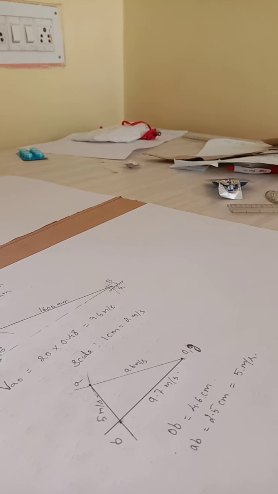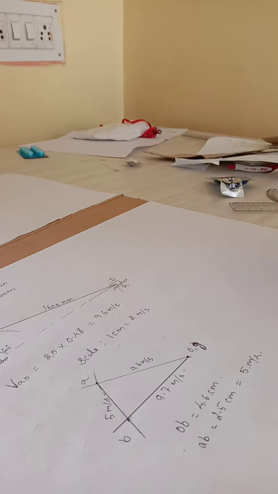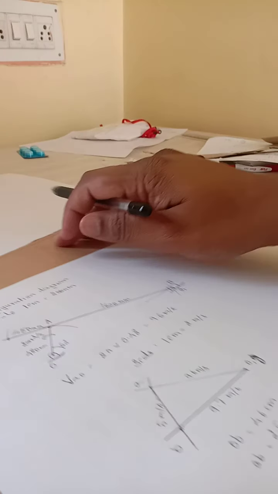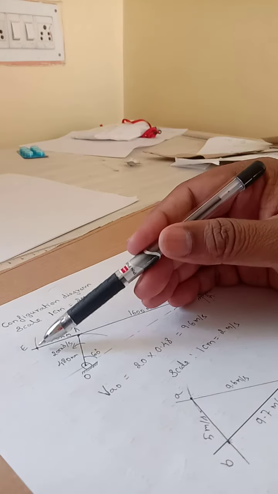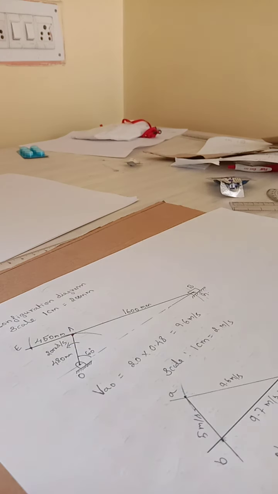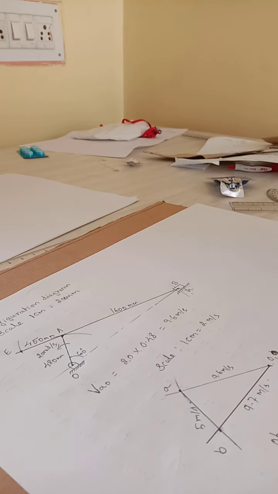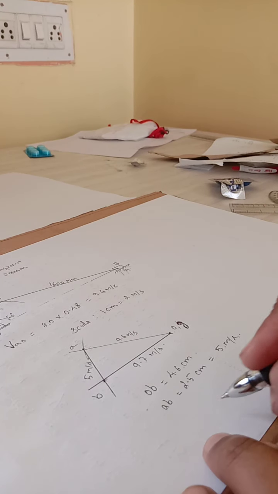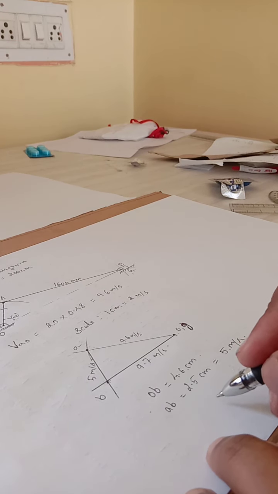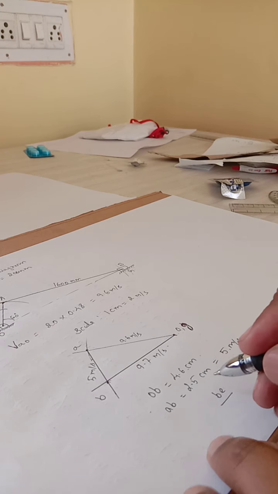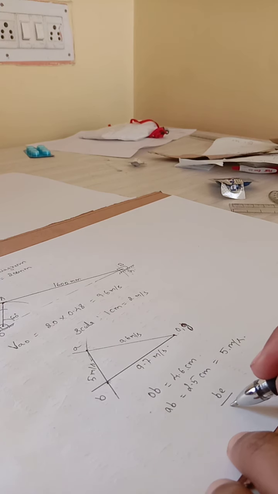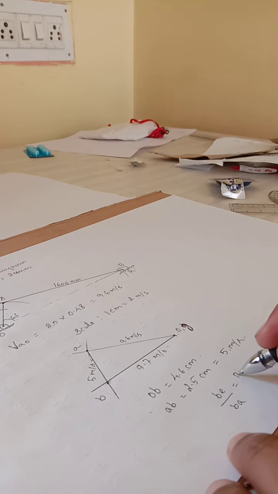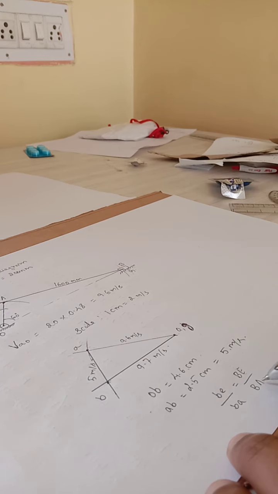Still, we need to complete this problem, because I have to determine the velocity of point E. For that I have to go for the ratio that I told you. I have to make use of BE by BA is equal to capital BE by capital BA.